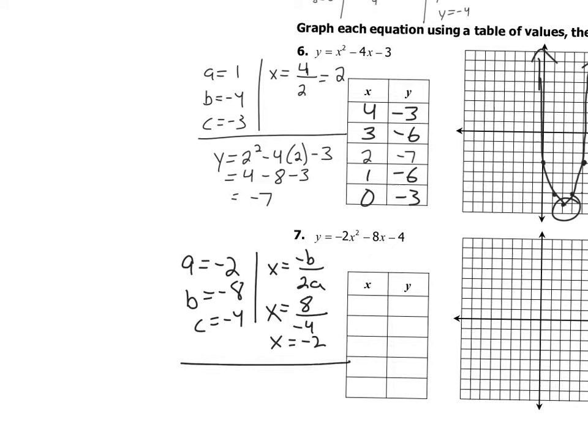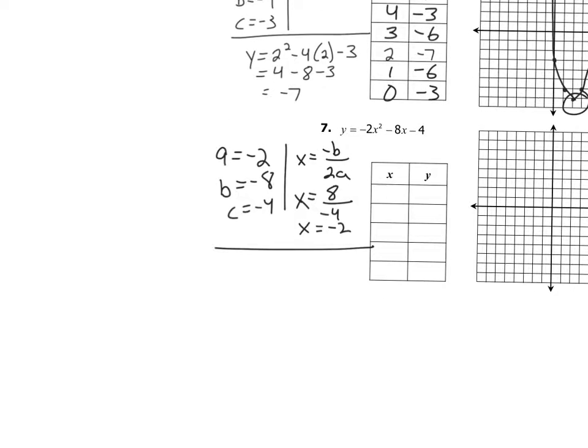All right, now in order to find the vertex, we just plug in -2. So it's going to be y equals -2 times (-2) squared minus 8 times -2, minus 4.